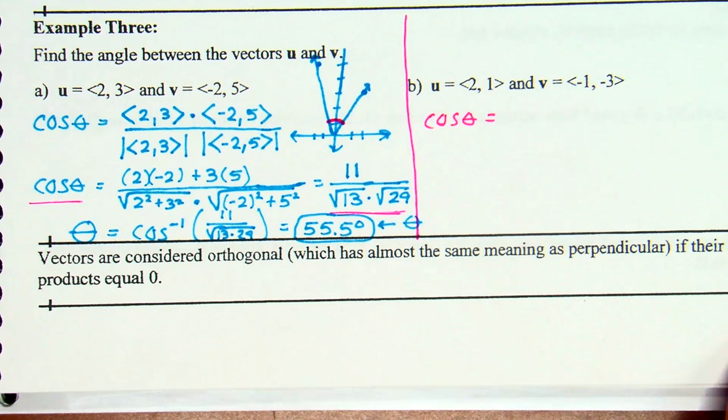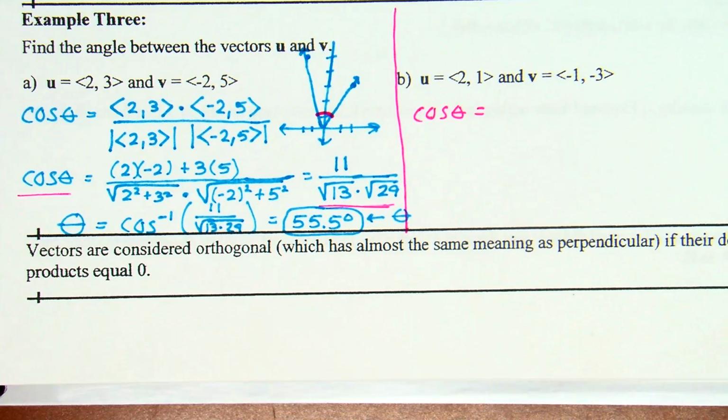Cosine theta equals, now, can I go ahead and jump into doing my dot product? Are you guys okay with that? So we have the component form 2, 1 and -1, -3. How's that dot product read?